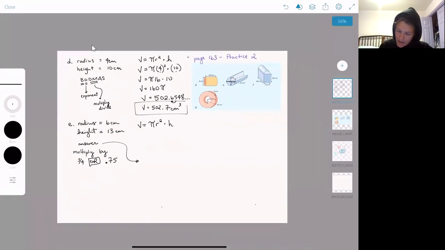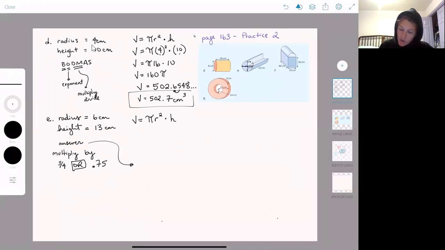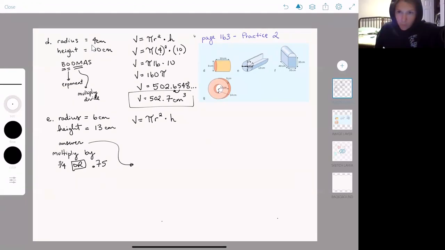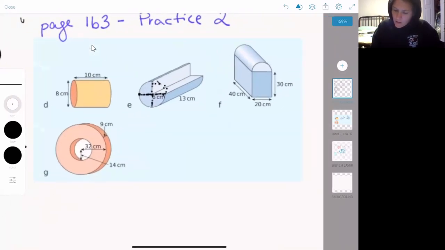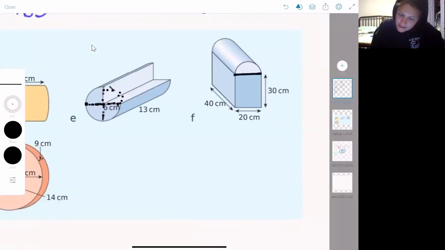Now let's take a look at E. Okay, so I'm sorry, E, F. Let's take a look at F. So I'm looking for my radius and my height. So when I look at this, now this is my diameter, okay? And I know that the distance here is the same as the distance here.